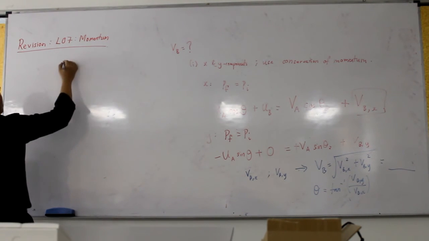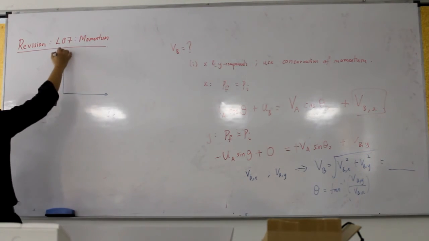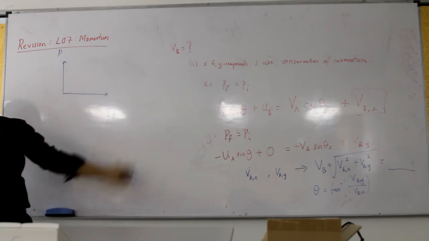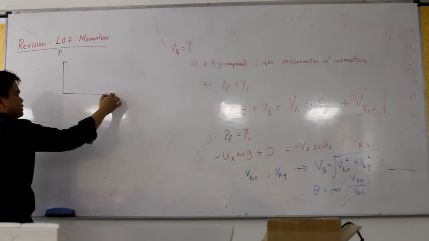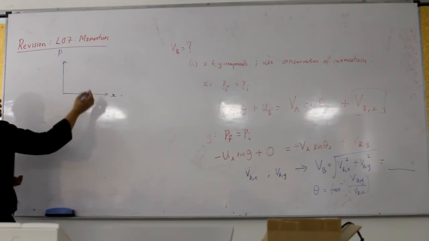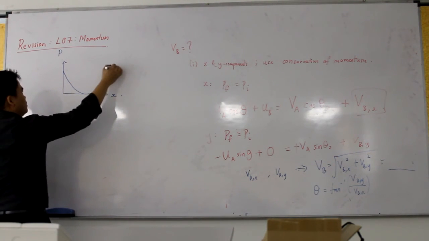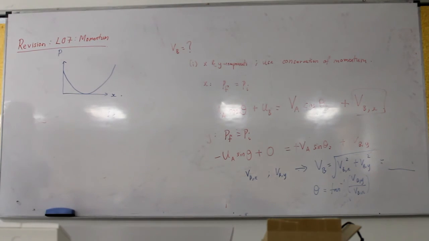I tell you that the question states that this is a graph of P versus x. So P versus x. The graph is like this.